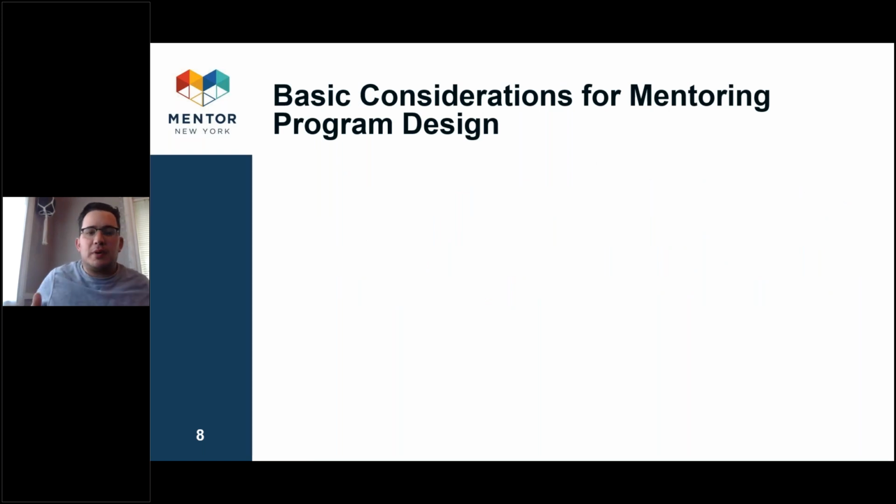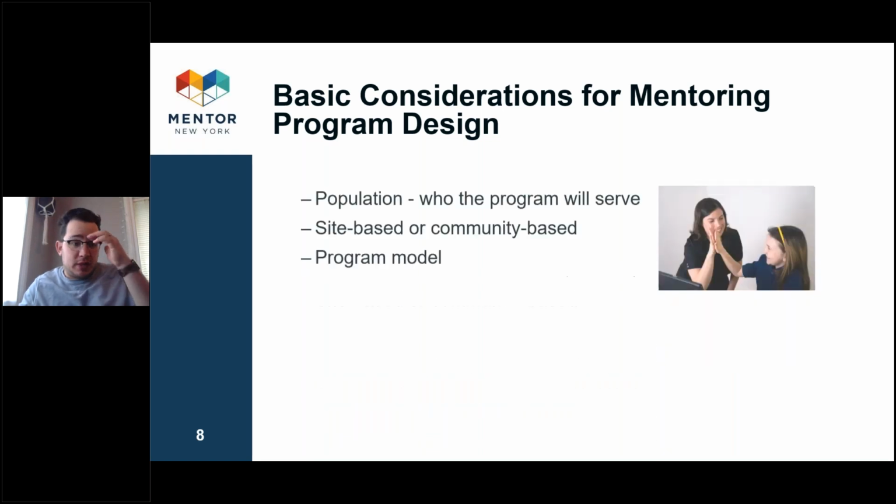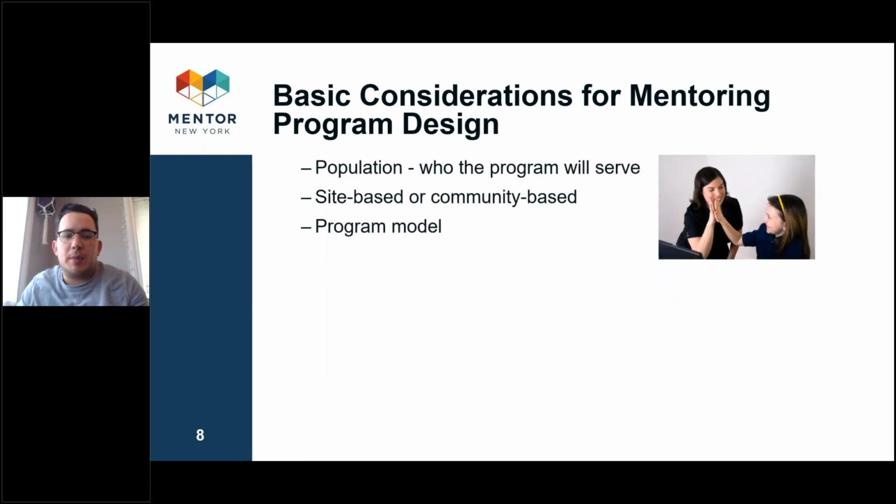So while we're thinking about basic program design, we want to talk through a few basic considerations. The first is, what population? I'm going to stop here for a second. Most of what we will be talking is going to be pretty general around what mentoring programs have looked like, when we've been able to do them in person and live and all of that. We do also obviously have a lot of considerations, as many programs are using virtual and e-mentoring.